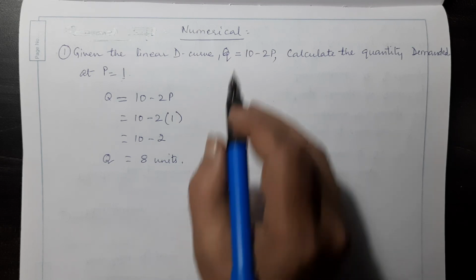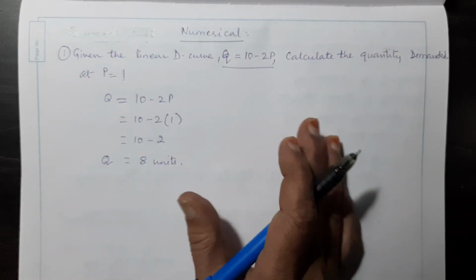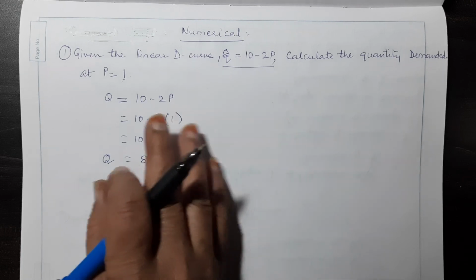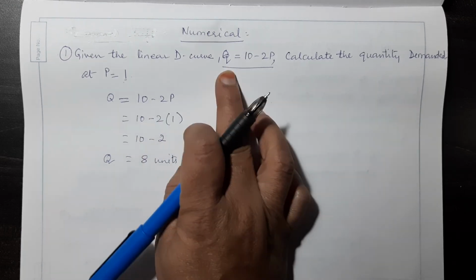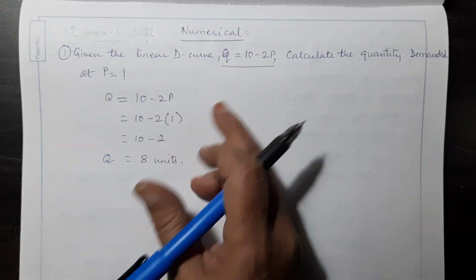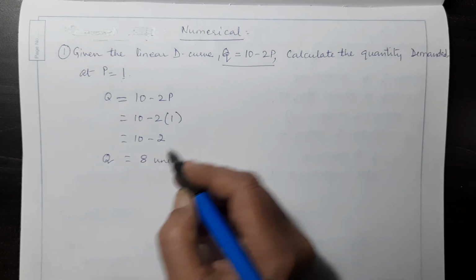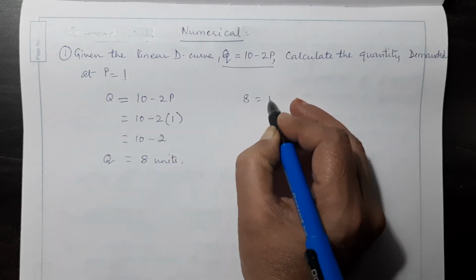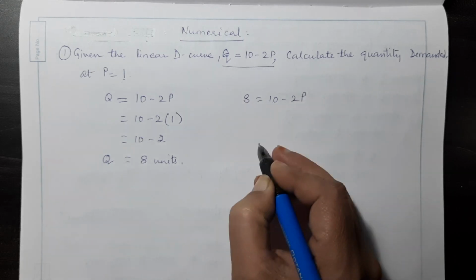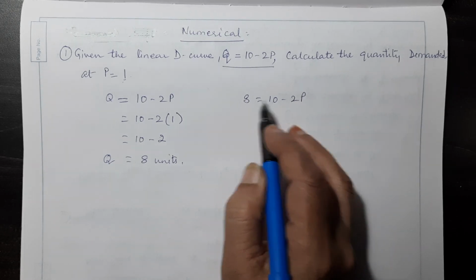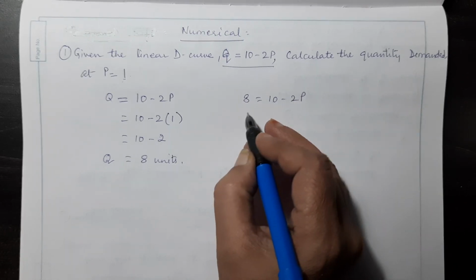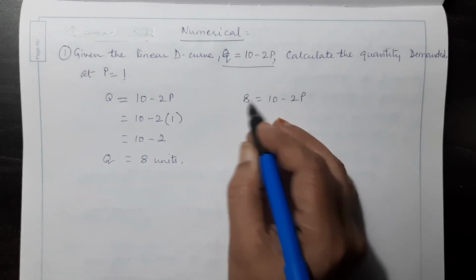So when the demand function is given to us, just substitute the values. In case Q is given to us, let's reverse it and say Q is 8. So we'll put 8 is equal to 10 minus 2P. Suppose Q is given. In that case, we have to find P. So let's substitute it over here and then solve it.